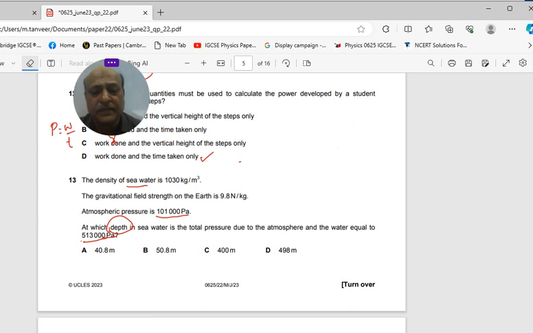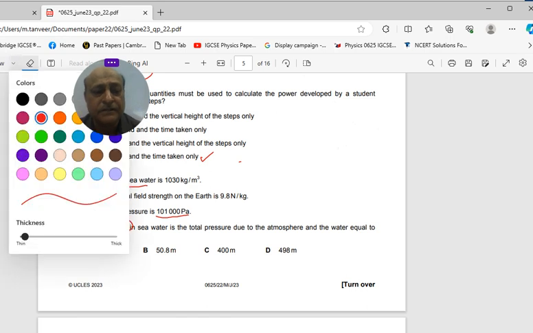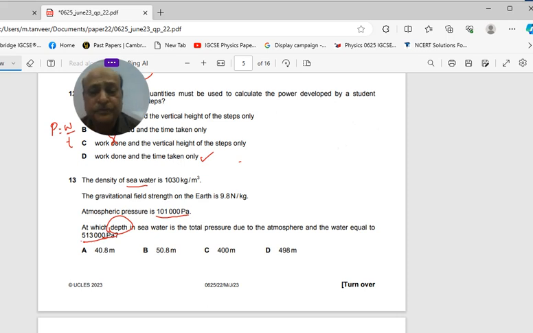So the situation is, this is the surface and this is the depth at which total pressure is 513,000, and this is the surface of water.